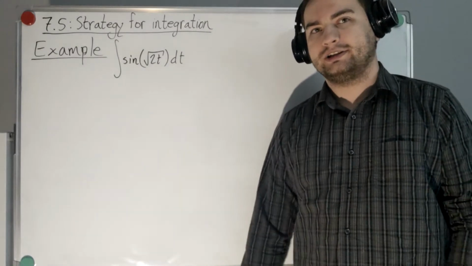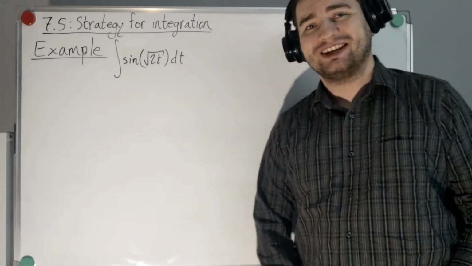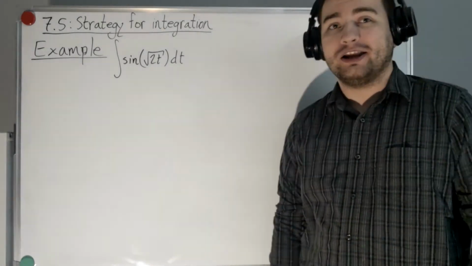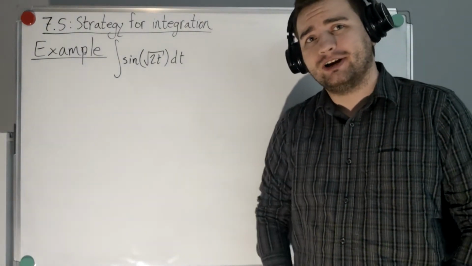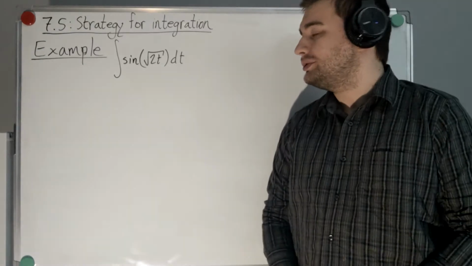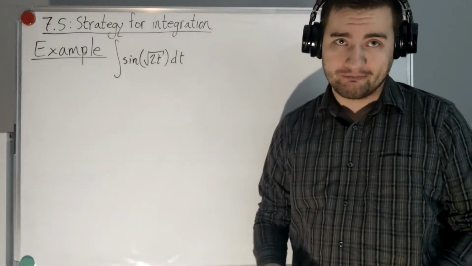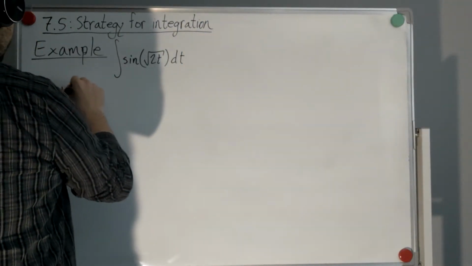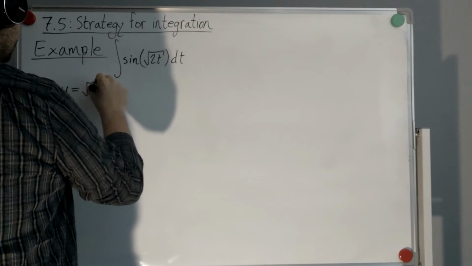And again, you look at this one and you're like, huh? And that's because there's not really anything immediate that would work here, right? What we're going to have to do is another u substitution. And this time we're going to say u equals the square root of 2t.